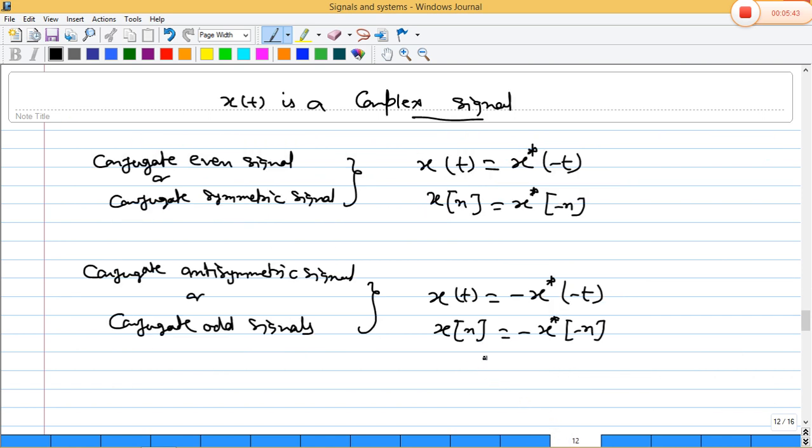Now suppose x(t) is a complex signal, then what will happen? In this case, conjugate even signals or conjugate symmetric signals are there.